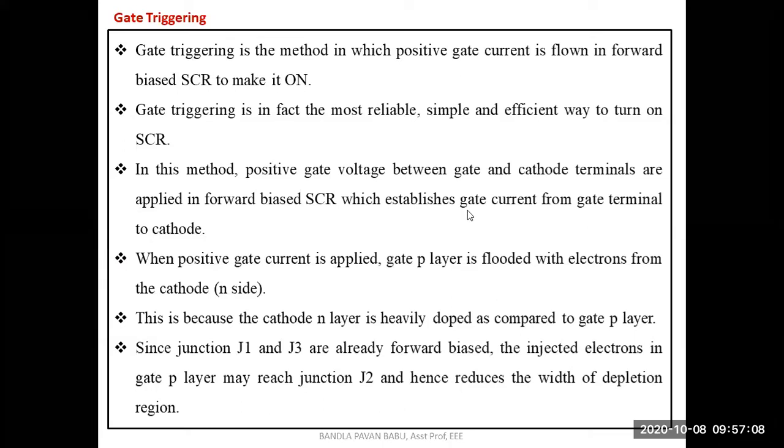When the positive gate current is applied, the gate P layer is flooded with electrons from the cathode N side. Since junction J2 is reverse biased, we are going to inject this current here. This is because the cathode N layer is heavily doped compared to the gate P layer.